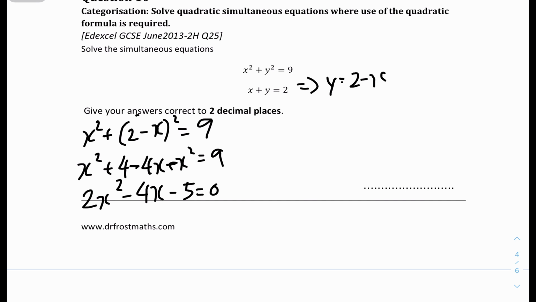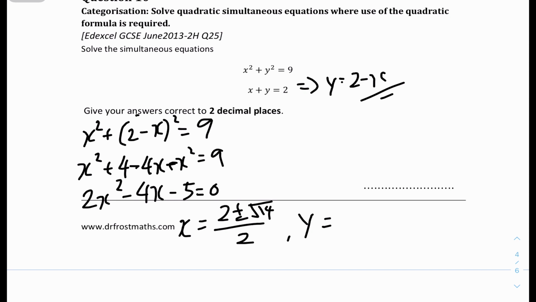So we can just put this into our calculator to see the values for x, because it'll be in the surd form. So it'll be x equals 2 plus or minus root 14 over 2. So let's find the corresponding y value, putting it into this equation right here.